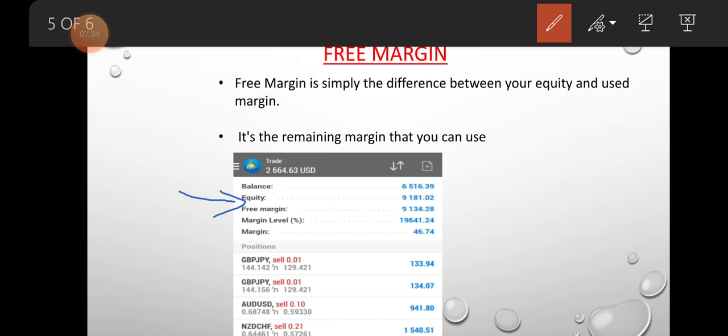But the free margin subtracts the amount that the broker is holding, and the remaining money on your account is called free margin, meaning it is the money that you can use again to place new trades.